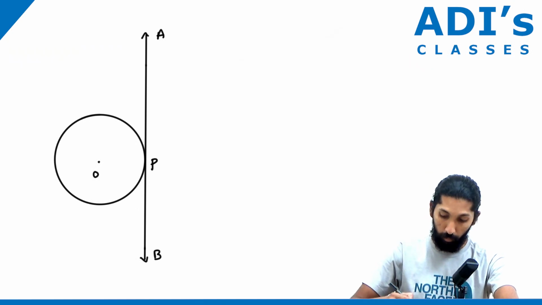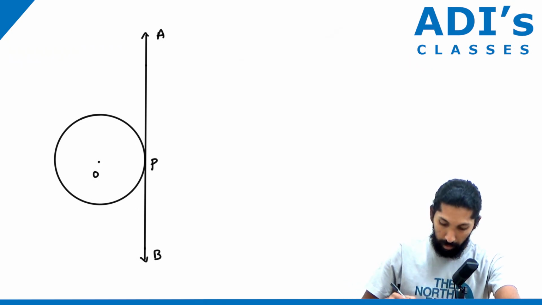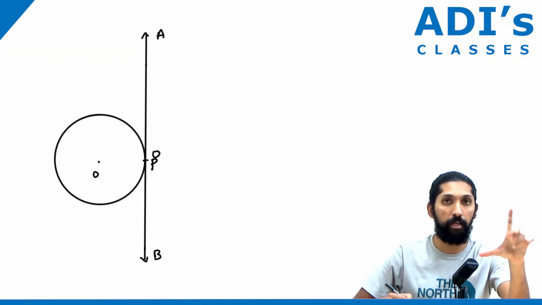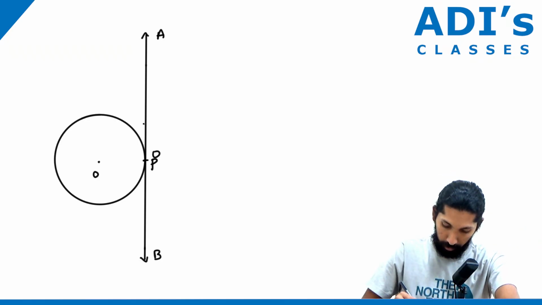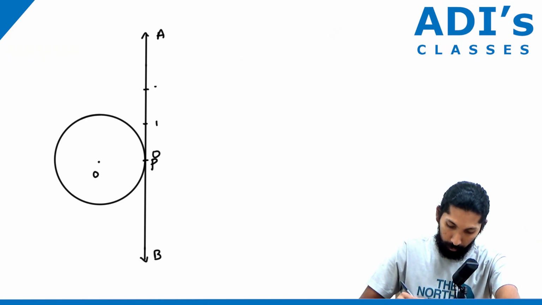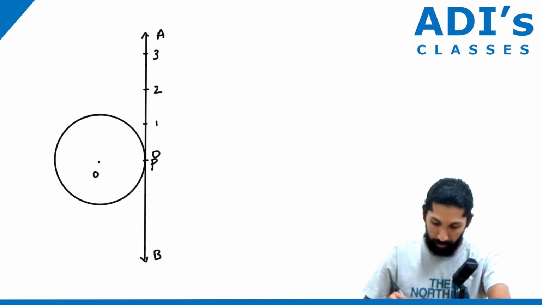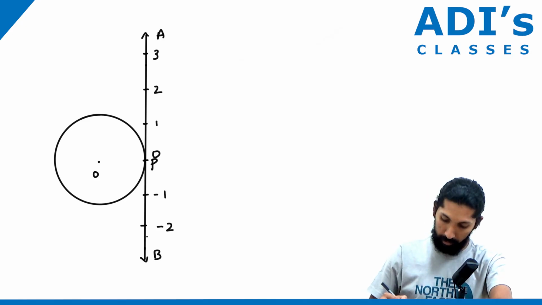Now what I'm trying to do here is P is the 0 of the number line. That means AB is a number line. Here we are going to have 1, here we'll have 2, here we'll have 3, and so on and so forth. And here we will have -1, -2, -3, and so on.